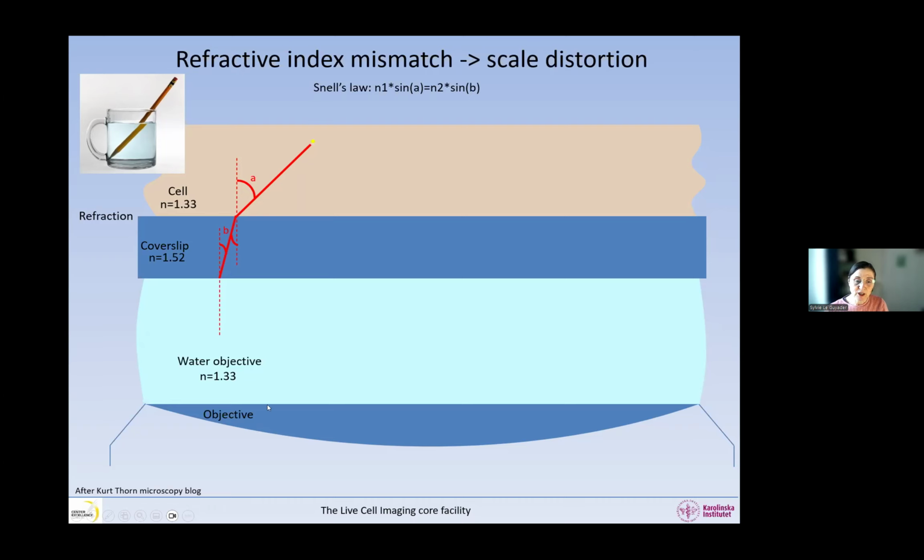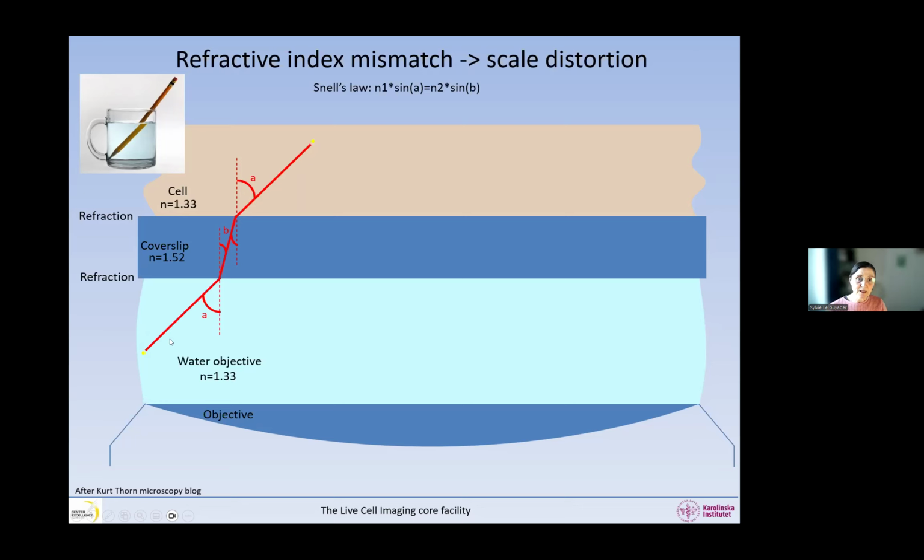And let's say that this objective is a water objective. So we have water in here as an immersion medium. So what happens is that we're going to go back again from 1.52 to 1.33. And you see we had 1.33 here as well. So the refraction is going to be identical to this, but just reversed. So we have refraction again, and here we're going to have the same angle, but just after.